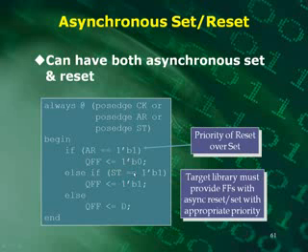Else, if the asynchronous set is equal to 1, we set it to 1. Otherwise, it gets the value of D. Now notice in this case that the asynchronous reset has priority over the asynchronous set.